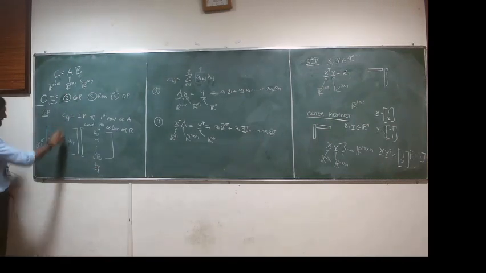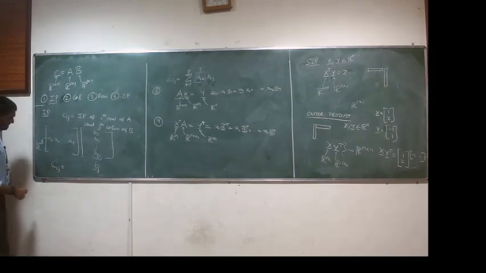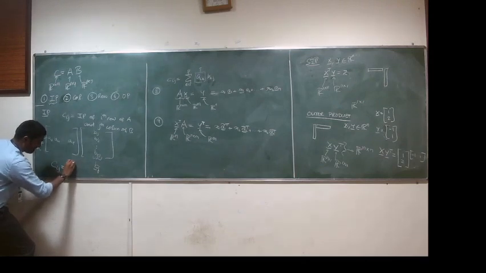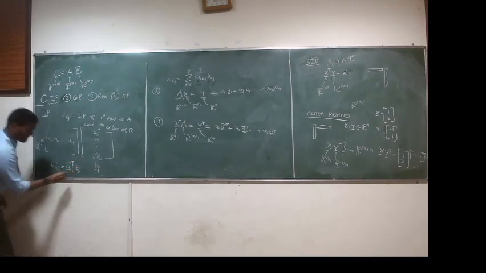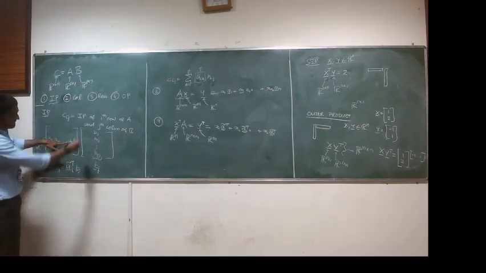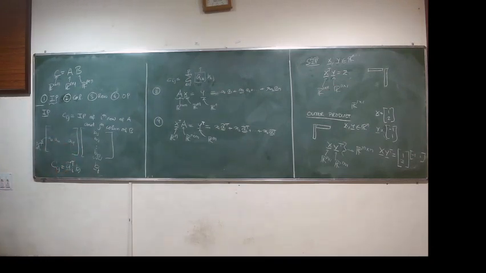Cij is nothing but, what is it? The ijth element is simply you take the ith row, jth column, and take the inner product. That gives you the ijth element.